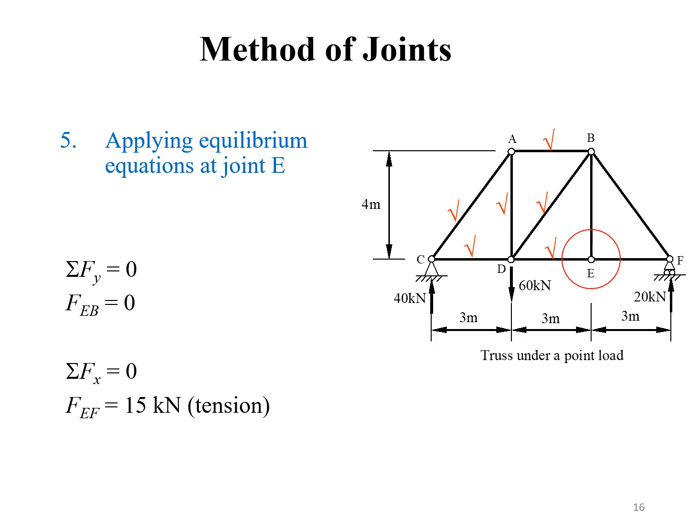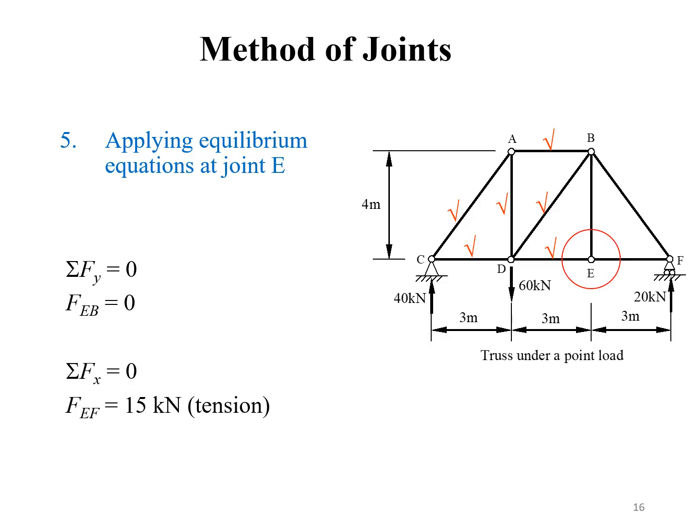For joint E, we can start by considering equilibrium of the vertical forces, which allows us to calculate the force FEB. Then we can consider equilibrium of the horizontal forces to calculate FEF.